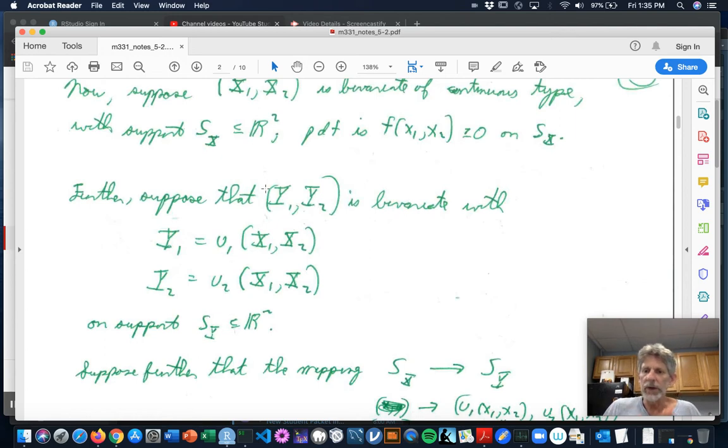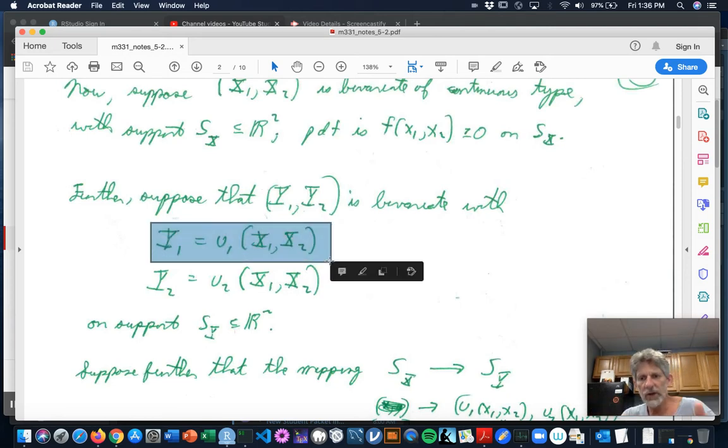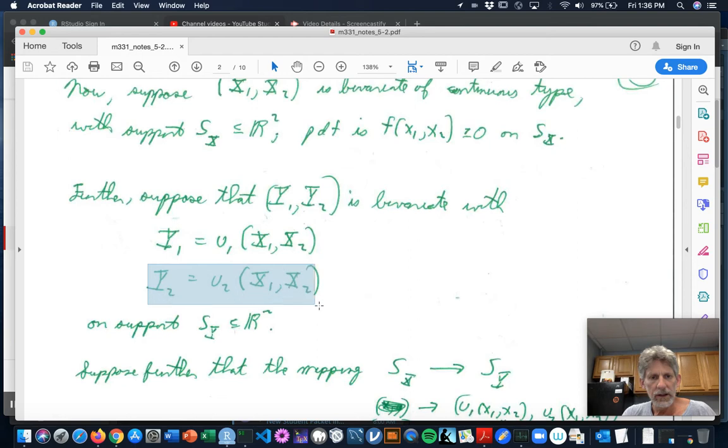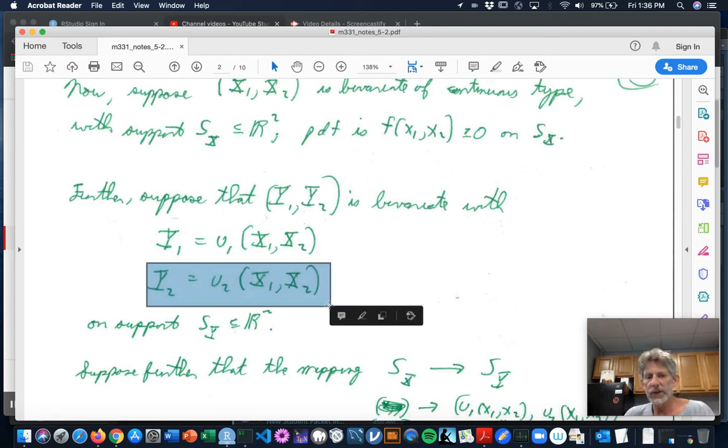And let's say that we come up with another bivariate random variable situation consisting of Y1 and Y2, where capital Y1 is some function u1 of X1 and X2, and capital Y2 is some function u2 of X1, X2.